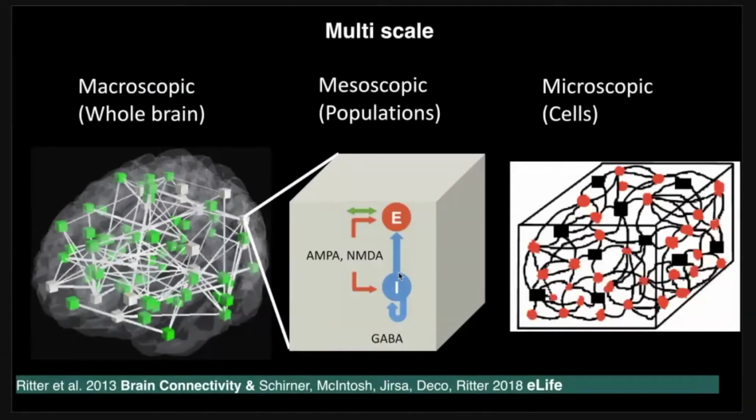For example, in this population model shown in the middle of the slide, you see the connectivity between the excitatory and the inhibitory mean field in terms of AMPA and NMDAergic coupling, and the feedback inhibition, the GABAergic coupling. These parameters are averaged across the population, and the values determine the dynamical repertoire of this population. Each brain region is then represented by such a population model.